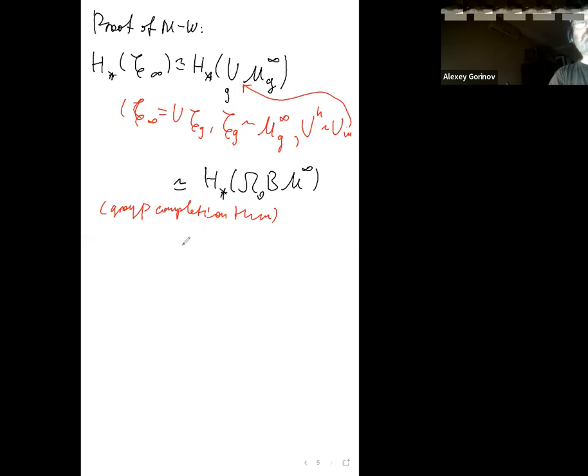Okay, well, this is the same as the homology of omega naught C infinity 1. And this is one of the propositions.